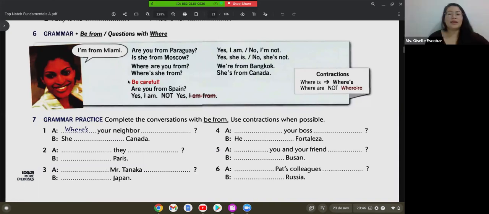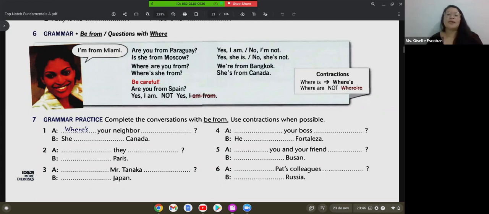So, miren, también aquí tenemos be careful en el tipo de respuestas que damos. Si preguntan, are you from Spain? Yes, I am. No se puede responder, yes, I am from, a menos que diga el nombre del país. Podría ser que pregunte, are you from Spain? ¿Eres de España? Yes, I'm from Spain.